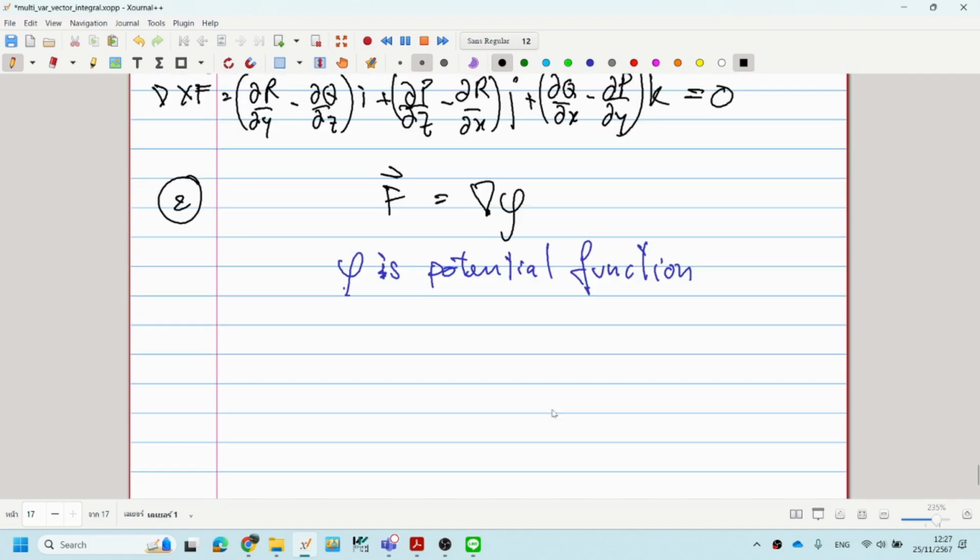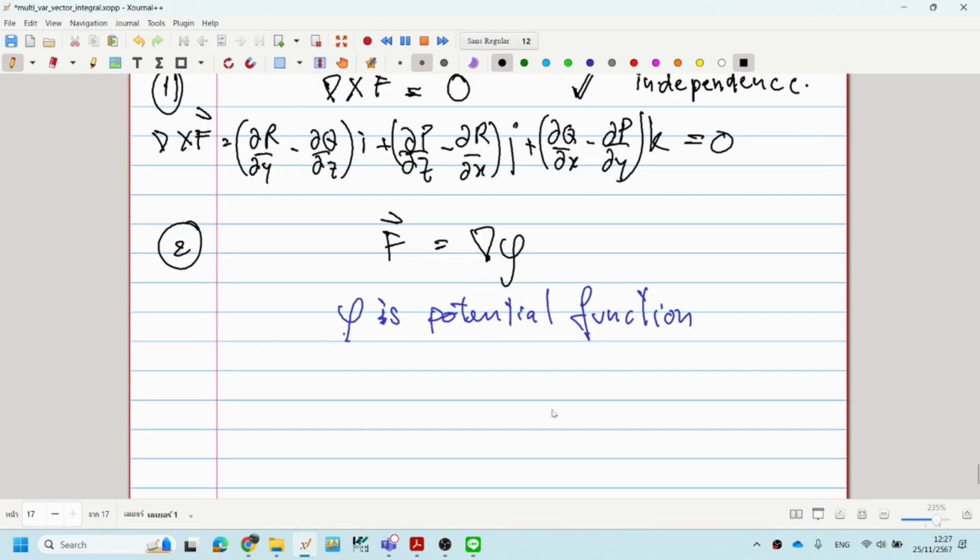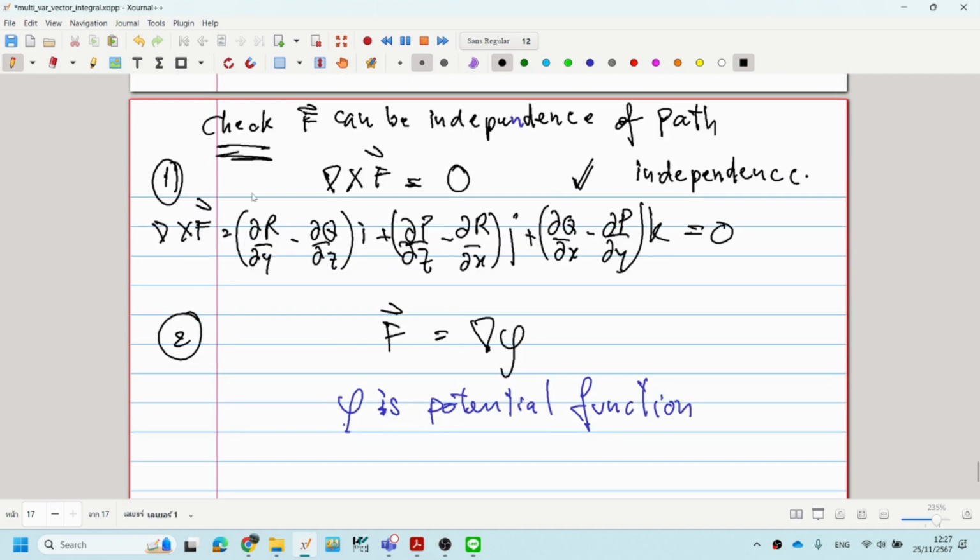Now an example. I will show you how to use the formula. Check the formula and prove it with vector f: del cross vector f should be 0, and in an example it can be 0 or not.